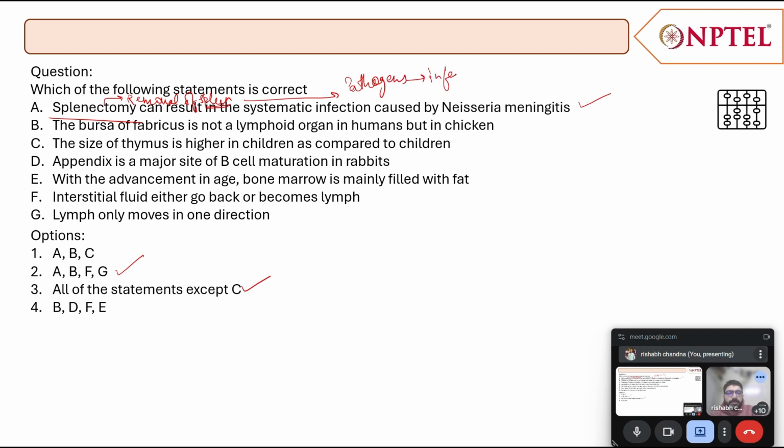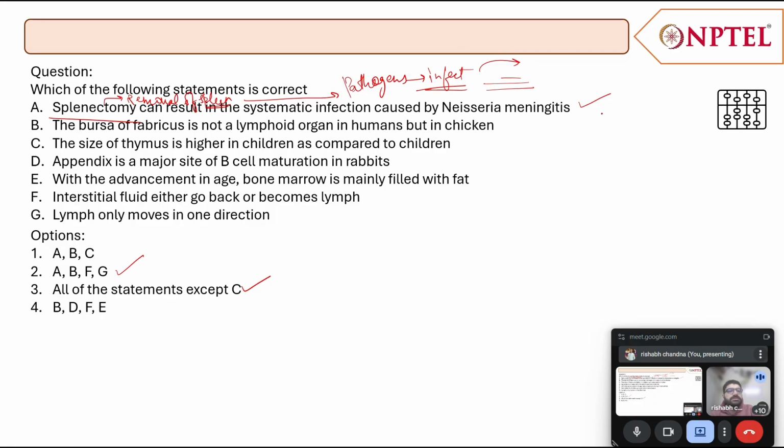Major pathogens, for example Neisseria meningitidis, Haemophilus influenzae, Streptococcus pneumoniae, that cause major diseases, can infect the human body, and it will not be able to fight back because the spleen is not there. So this is correct.